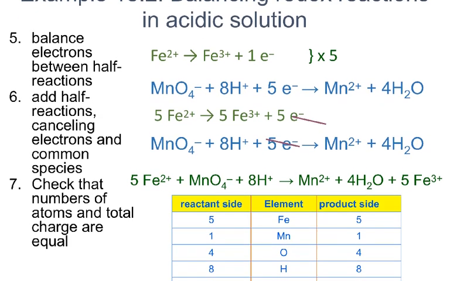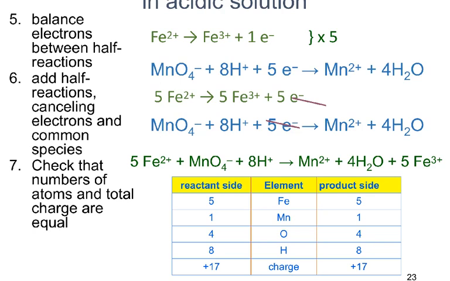Then I need to balance my electrons between my half reactions, so I'm going to have to multiply my oxidation reaction here by 5. So I have 5 electrons as products, 5 electrons as reactants. So I can multiply this by 5 and then add them together. And that leaves me with this as my final reaction.